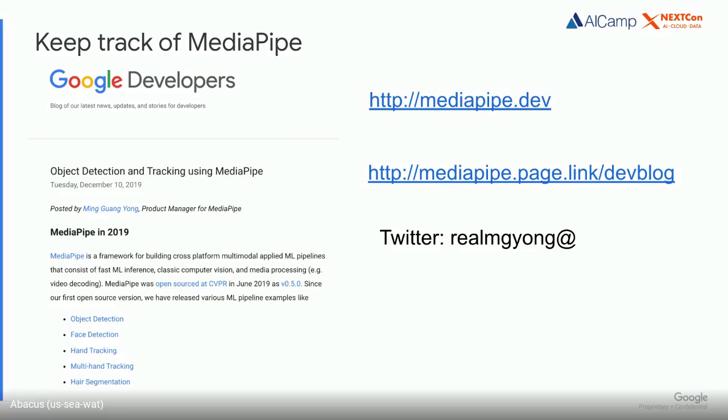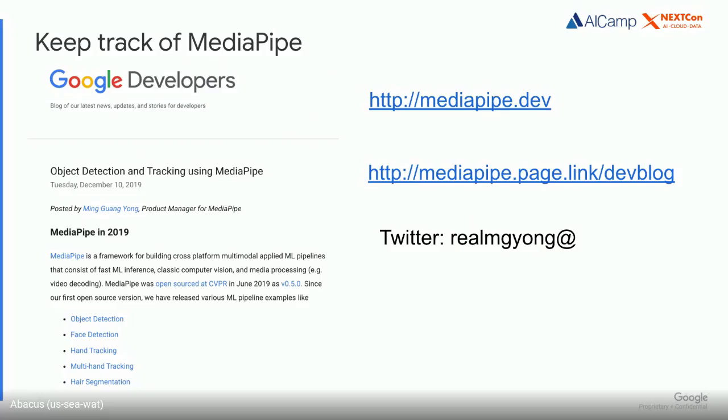MediaPipe can act as the channel between research teams who produce inference pipelines and product teams which would be consuming them. But there are other inference recipes also. Like I just mentioned, Intel has released the OpenVINO toolkit.